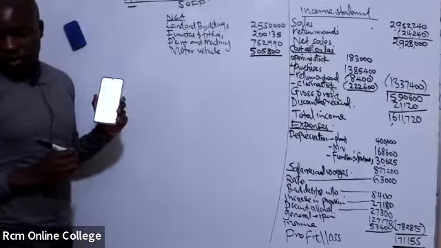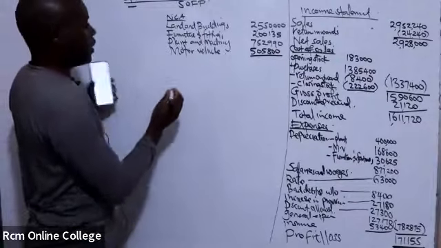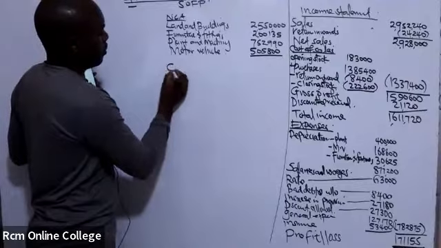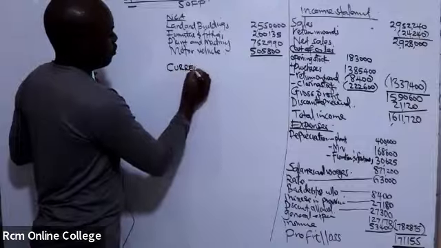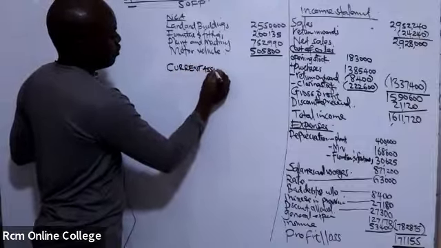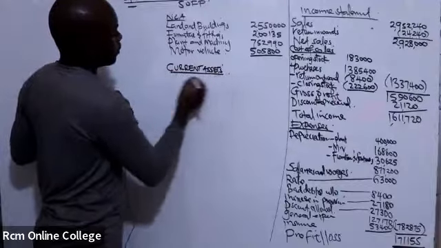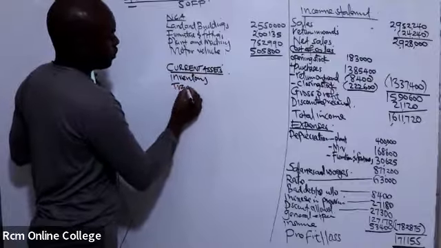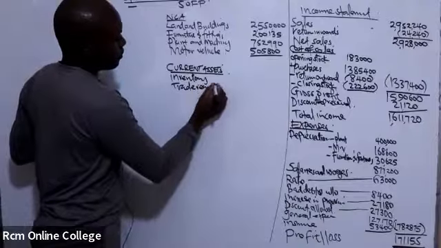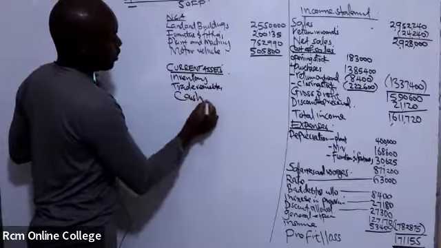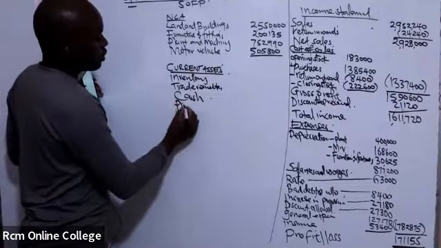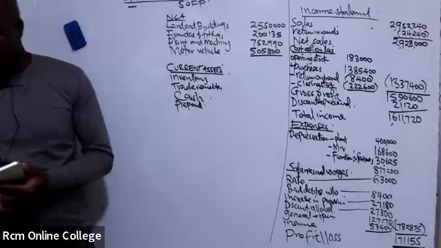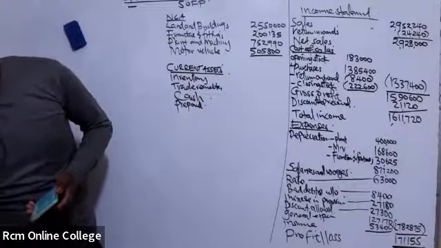As we go to the current assets, we start with the inventory, then trade receivables. Then we have cash, right? Then we have prepaid. It was prepayments.